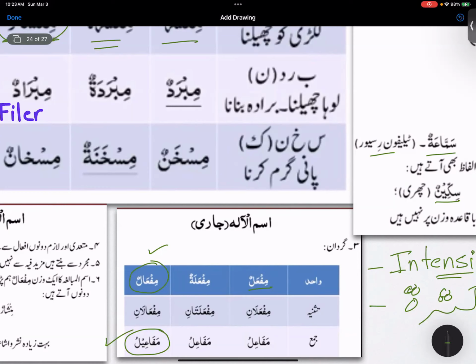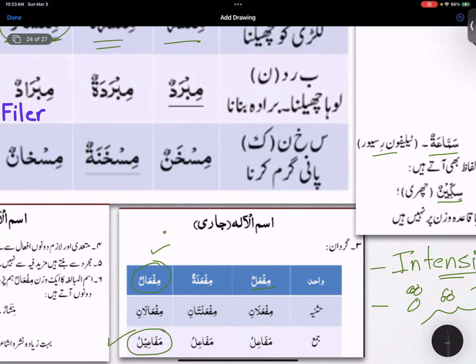Like we have misbahun, right? That is an easy example because we know this word. So misbahun is on the masabihun pattern. Masabihun, and then masabihu. So always, no matter what pattern we are using for ala, their plural is going to be on the pattern of mafa'il.